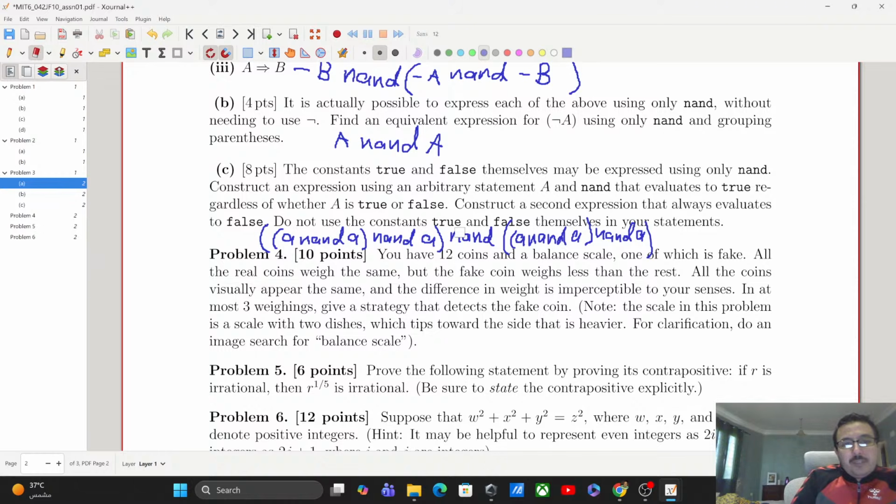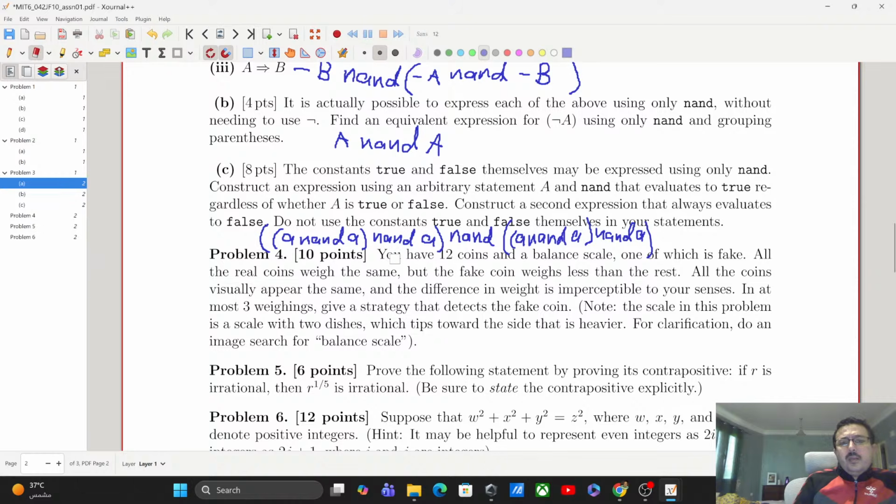He doesn't get my question, but I know now what the question means, because A NAND A is false, and that is true regardless of whether A is true or false.